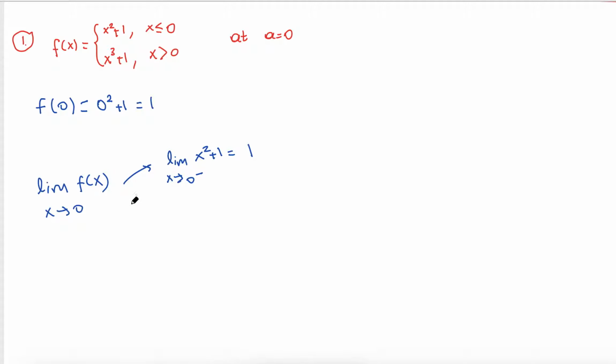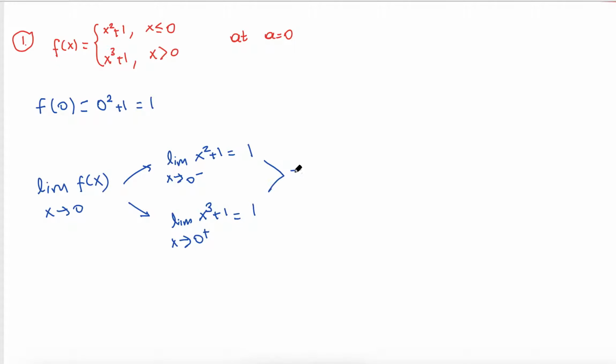This limit is 1. So look at the right limit. In this case, we are using the x cubed plus 1 because we're approaching x from the right side. That's x cubed plus 1. But regardless, we get 1 for this.